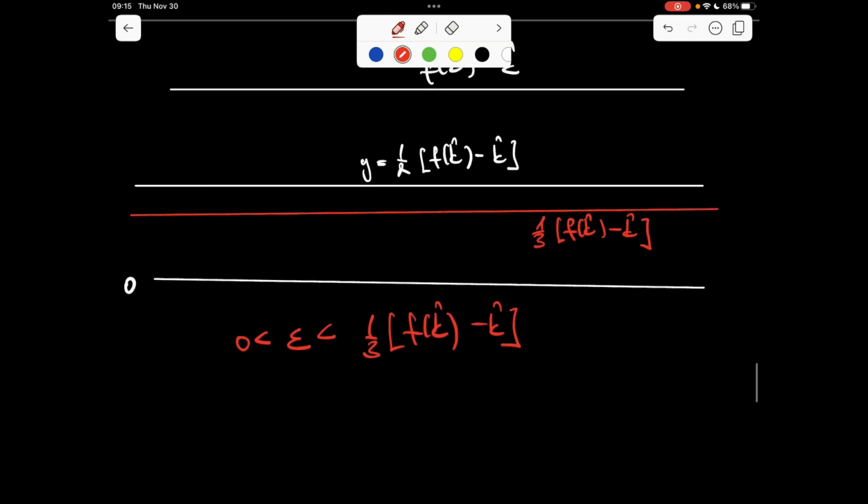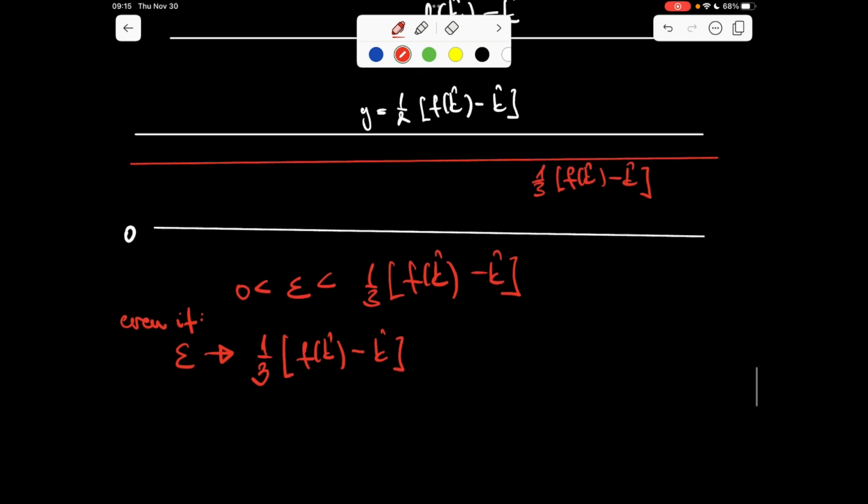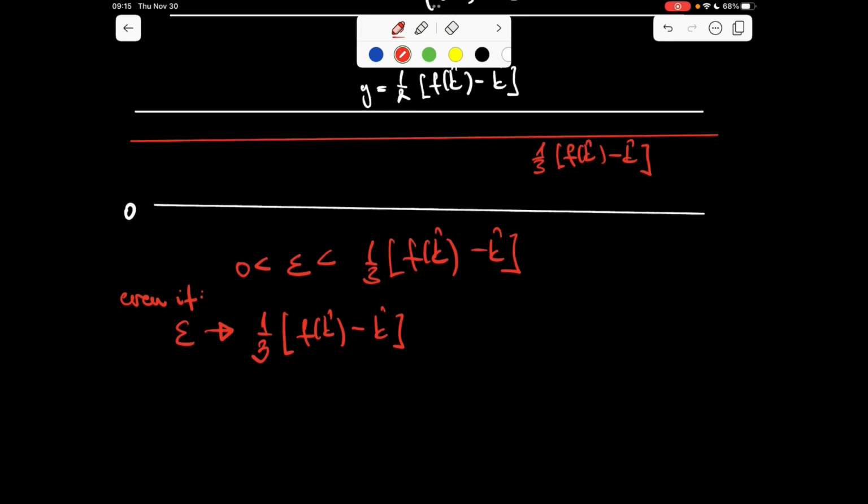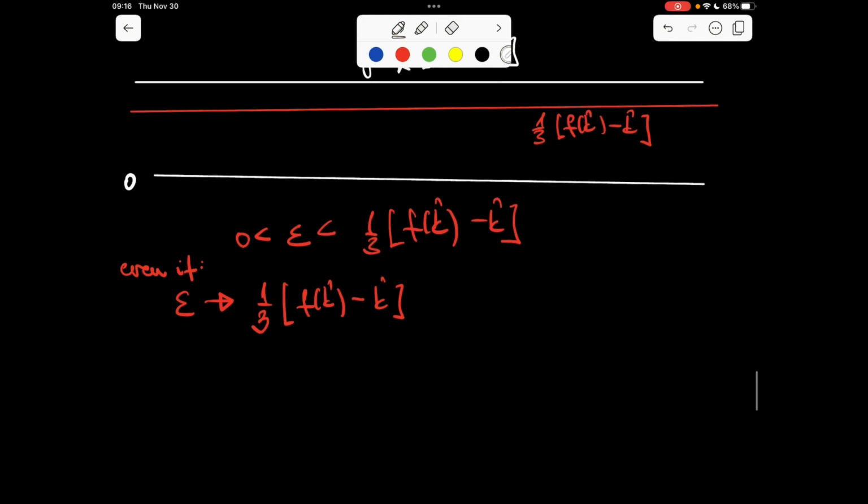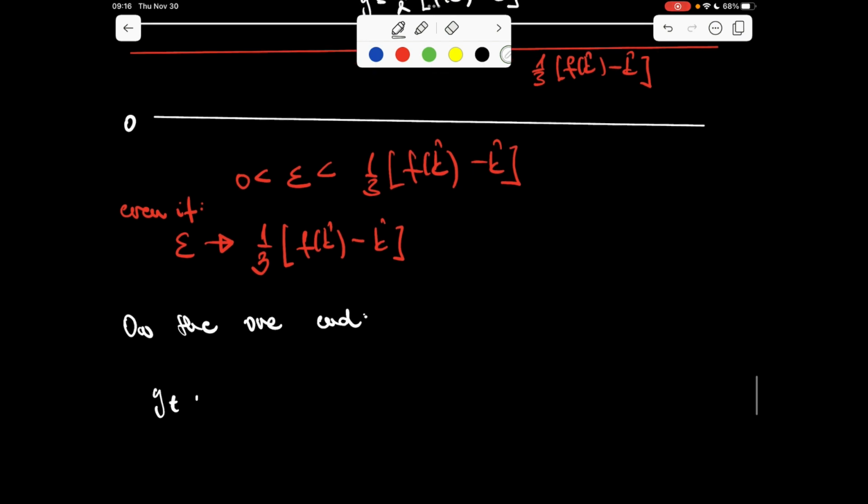So what we need to demonstrate is, even if epsilon goes to the upper bound, then all the resulting production paths satisfy the inequality. So, on the one end, this is easy.